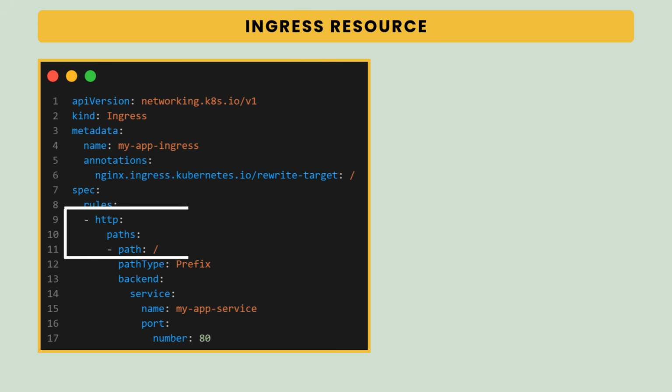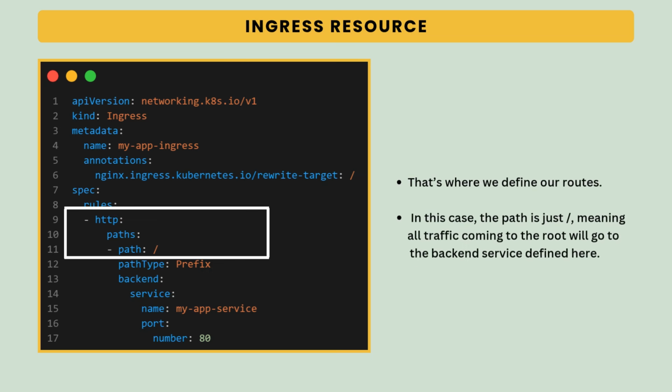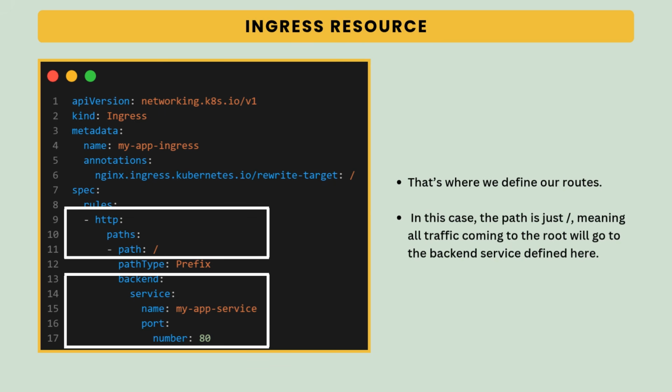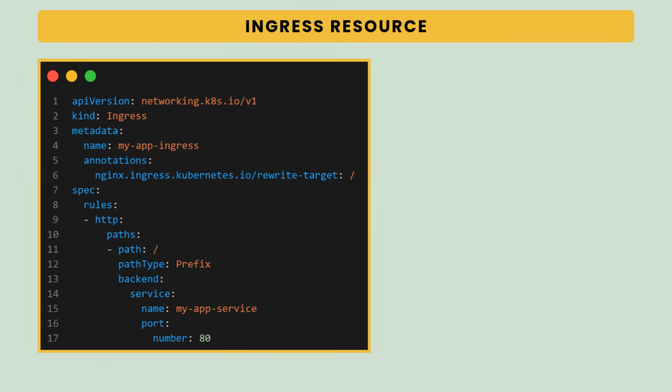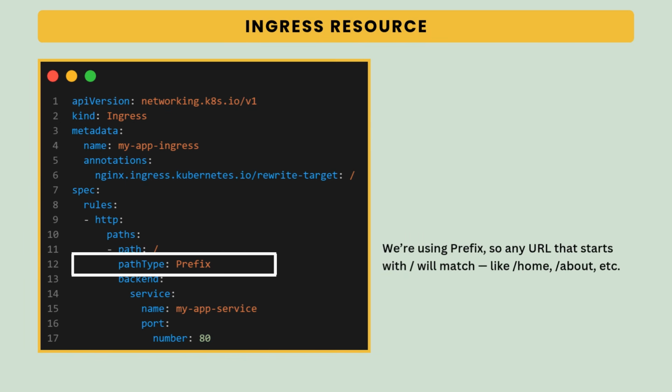Now, under http, we have paths, and that's where we define our routes. In this case, the path is just the root path, meaning all the traffic coming to the root will go to the backend service defined here. For the path type, we are using Prefix. So a URL that starts with / will match something like /home, /about, and anything else.